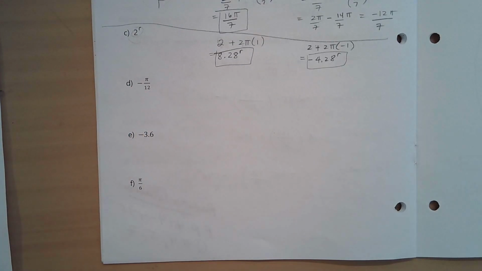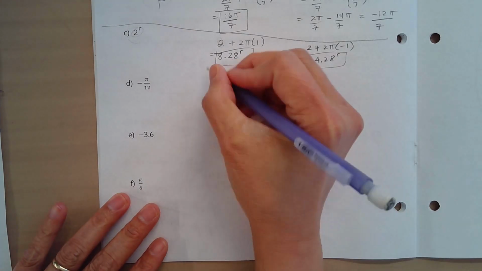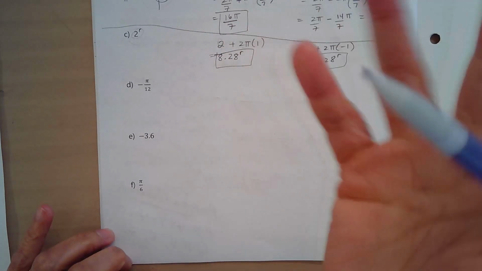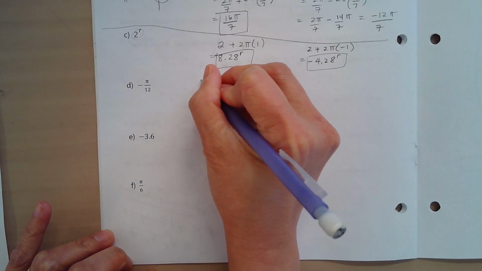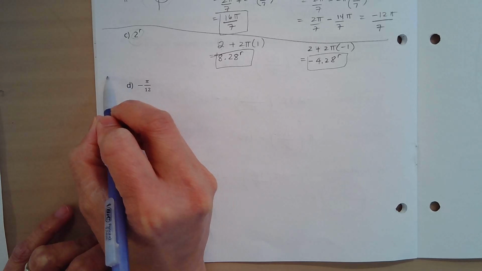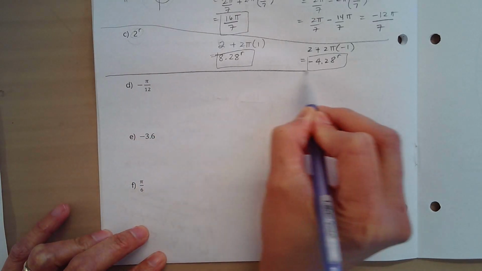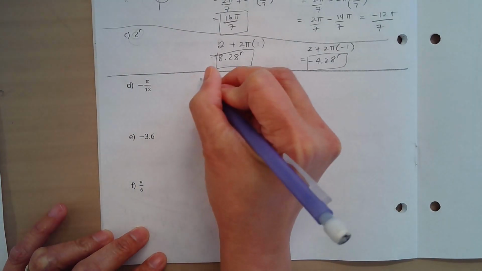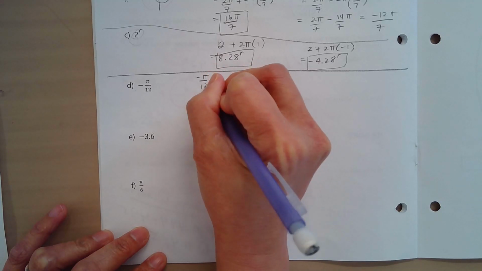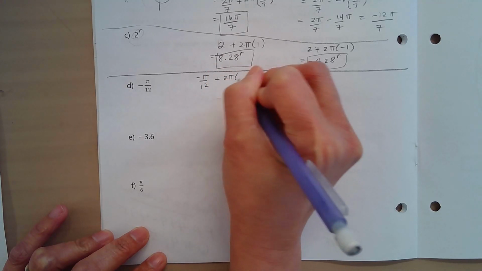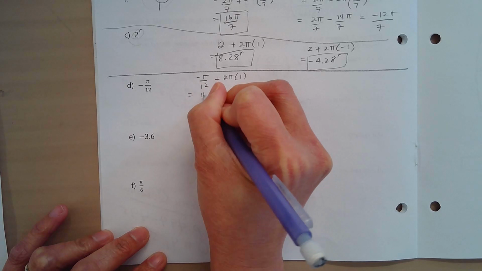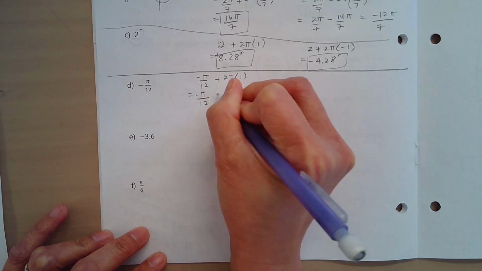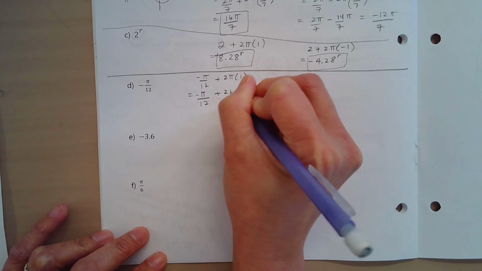This one you're starting at the negative pi over 12. Okay, so from here it's pretty much easy. I'm going to draw a line here. So it's going to be negative pi over 12 plus 2 pi times 1. So negative pi over 12 plus 2 pi.